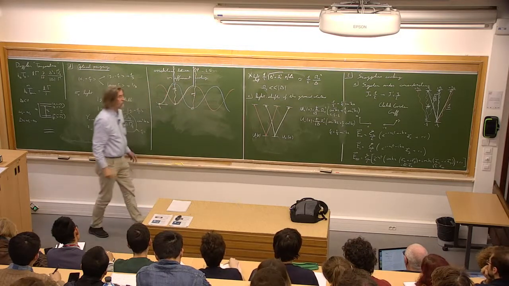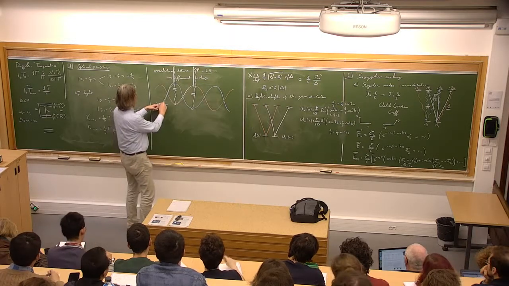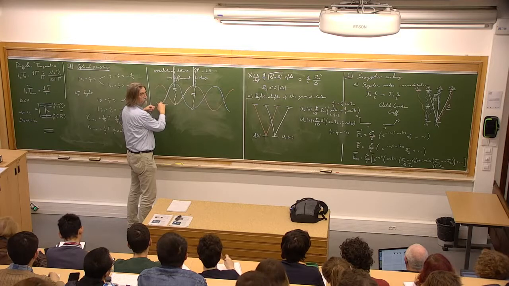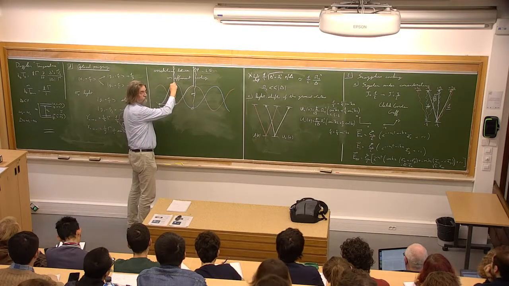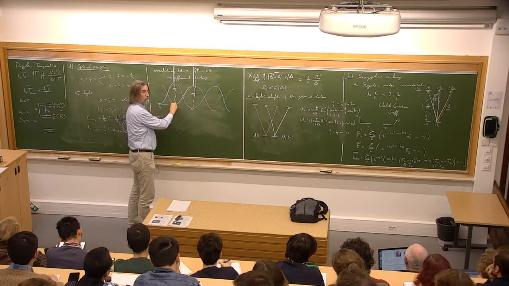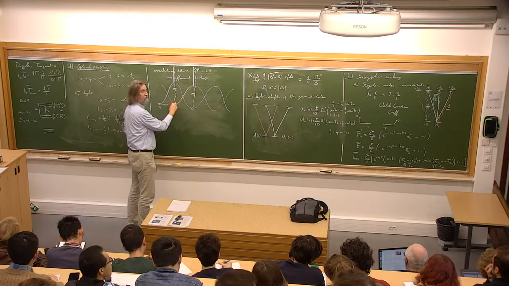And I fall down here. So in this process, going up the hill, you have to transform your kinetic energy into potential energy. And with the optical pumping cycle, you just lose your potential energy.